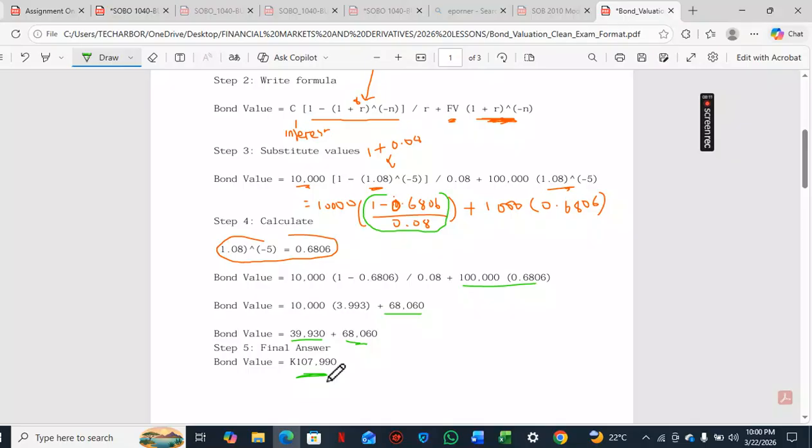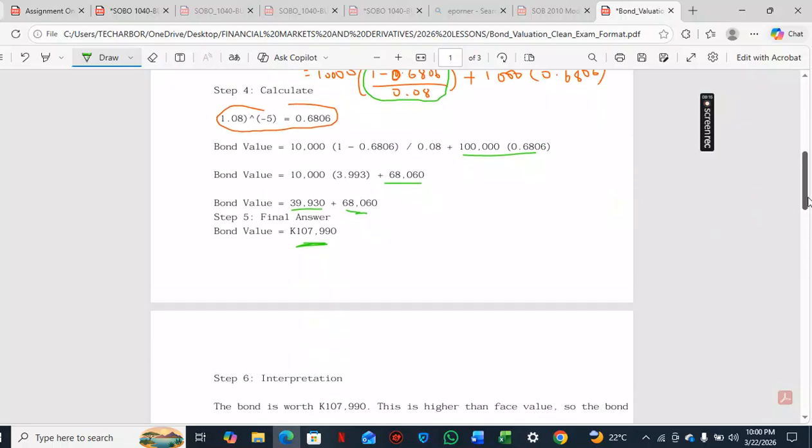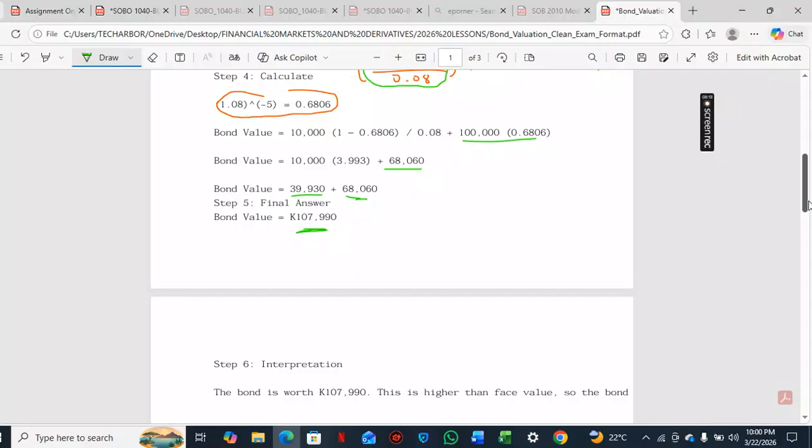So this is how much you're paying for the bond. Here we say the bond is selling at a premium. A premium basically means the bond is selling for more than the par value. You're paying 107,990 kwacha. Then for 5 years you'll be receiving interest of 10,000.